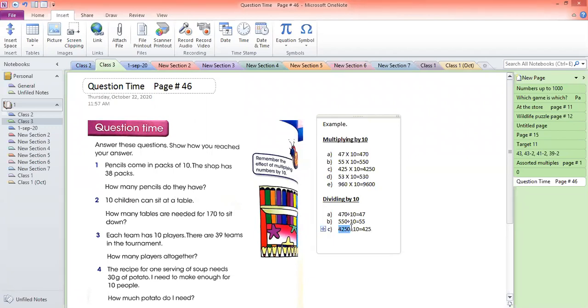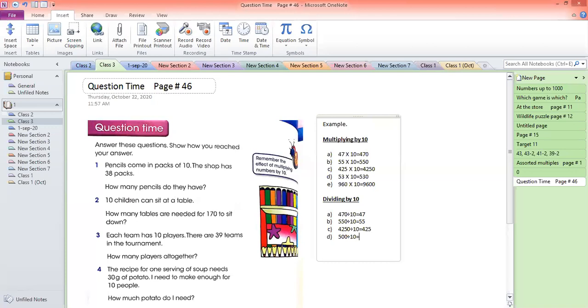When you divide it by 10, in the answer, just erase this zero and write this number the same. So this is 4250, right? I write this number because I'm dividing by 10, so I will remove this zero. This will be my answer. Now, can you tell me 500 divided by 10 equals to what?